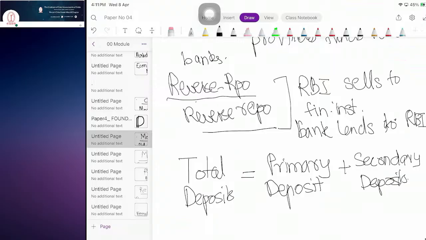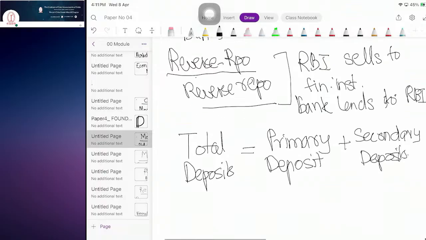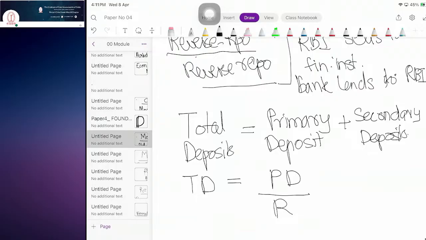It includes both primary deposits plus secondary deposits. Now we already know the formula that total deposits are equal to primary deposits upon reserve deposit ratio.